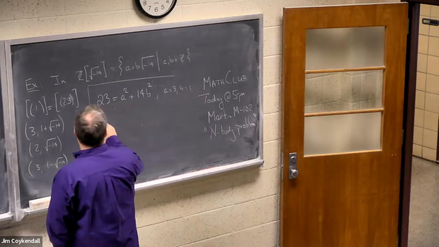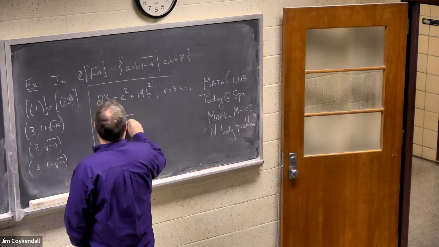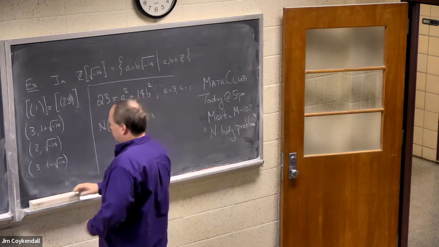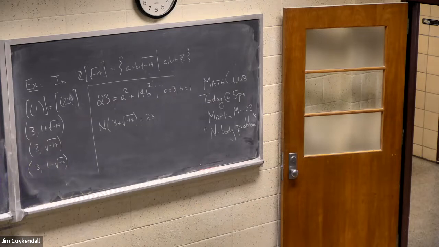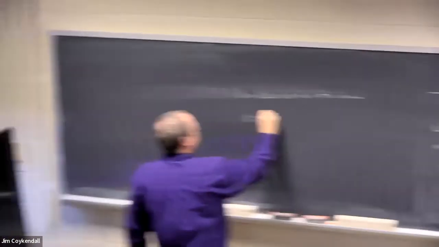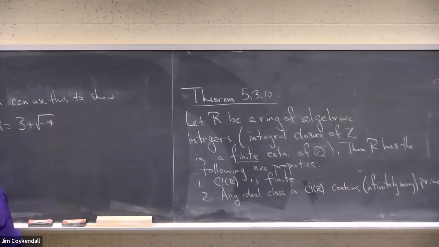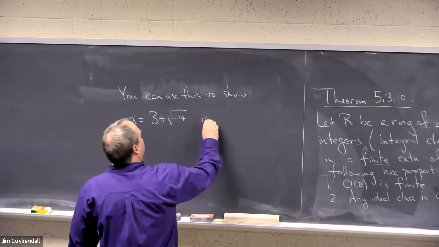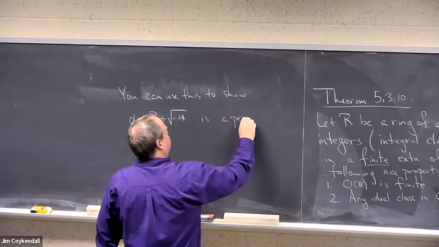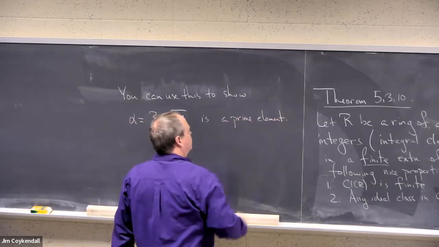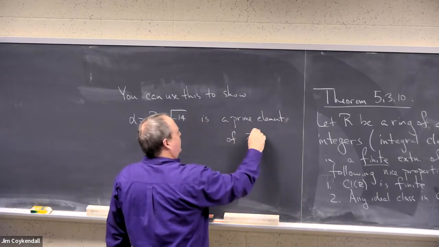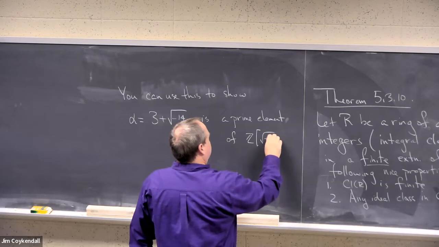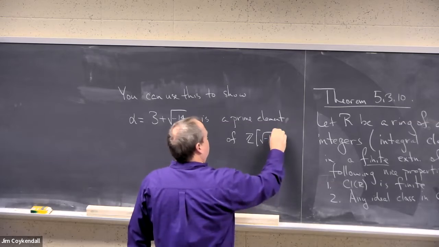Notice that the norm of 3 plus square root of 14 is 23.